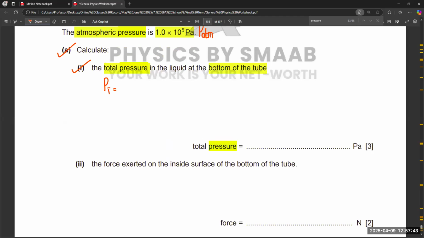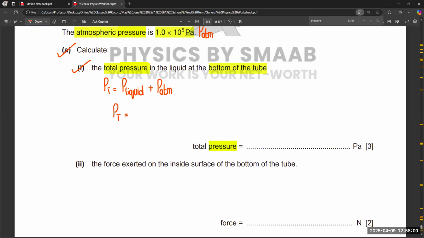Total pressure is equal to pressure in liquid plus atmospheric pressure.